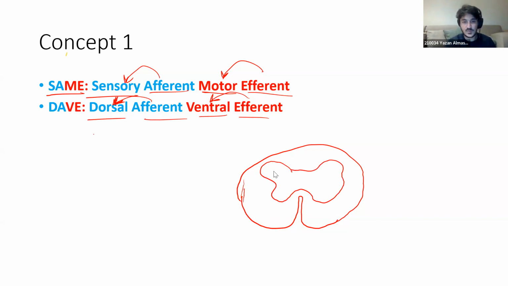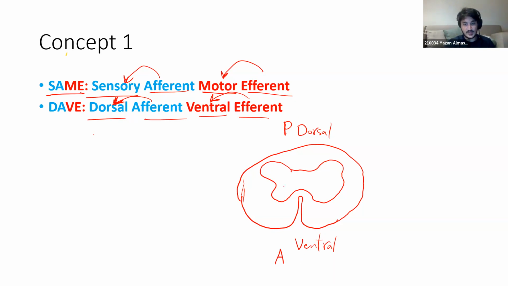Okay, so this side is posterior, and this side is anterior. Another way to say anterior is ventral. Another way of saying posterior is dorsal. So this is the dorsal side and this is the ventral side.